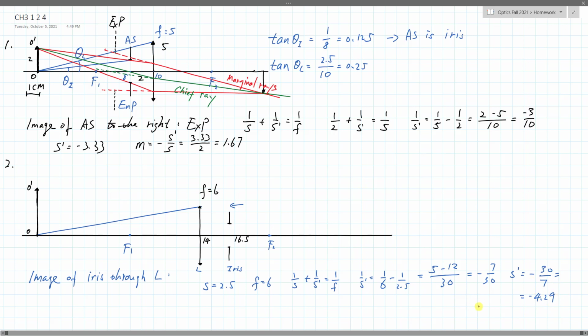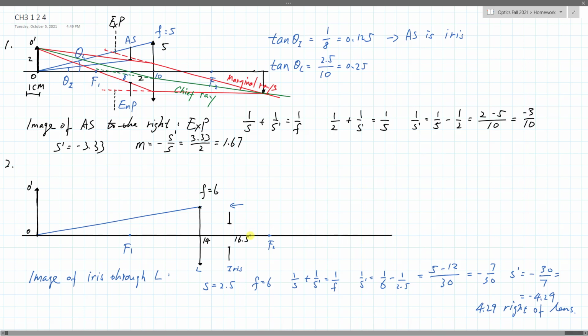So 4.29 is to the right of the lens, because we start from the lens, and the image is measured from the lens. So 4.29 is roughly here.